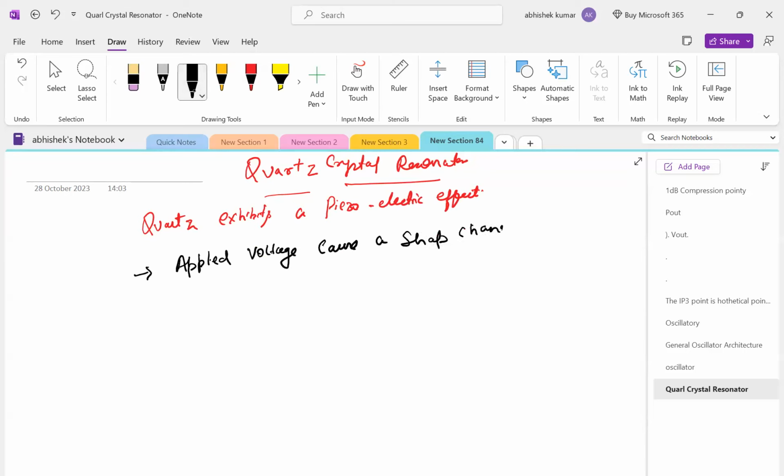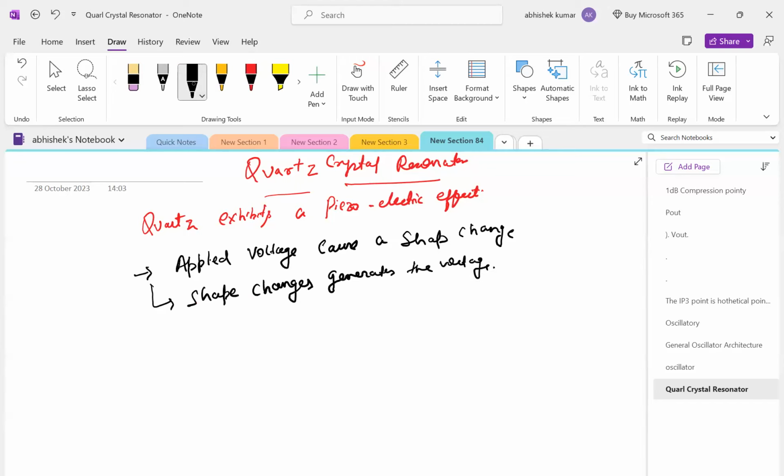We apply voltage and the shape changes, and when the shape changes, it generates voltage.